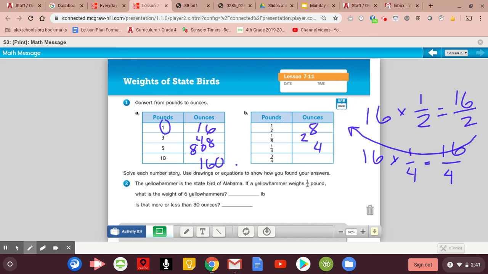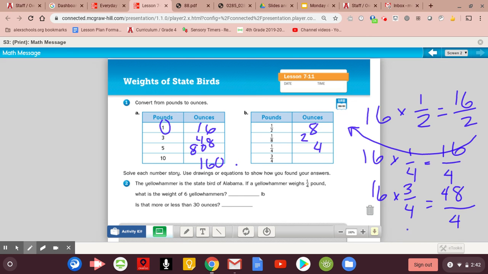And then I notice I have 3/4, so I need to do 16 times 3/4. So this is where it gets a little bit different. I'm going to take that 16 times 3, because I multiply the 16 times that top number to give me 48, which I actually just got from over here.